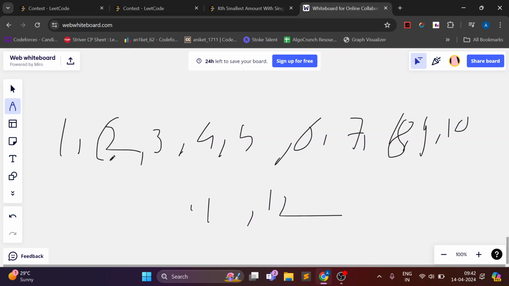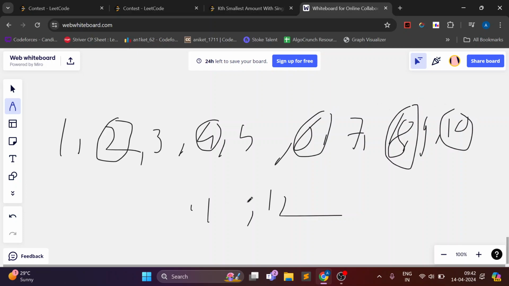So first of all the multiples of 2, 2 4 6 8 10 and 12, and for 5, I don't need to mark 10 again because I have already marked it. So I found that there are 7 elements. That's why 12 was my answer.